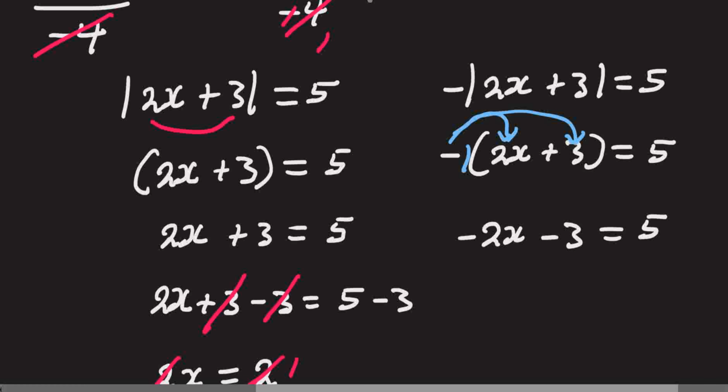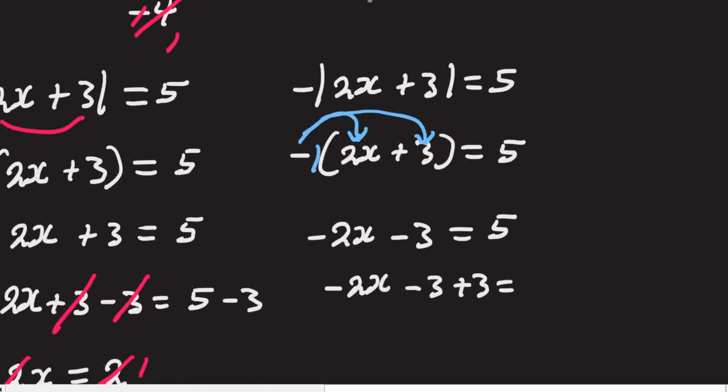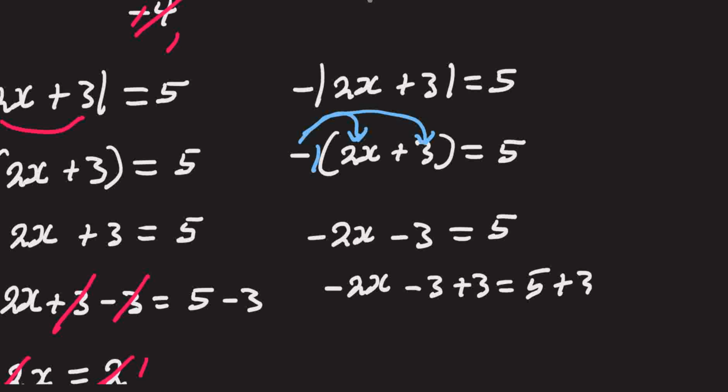So now we can isolate negative 2x by adding 3 to both sides. So this becomes negative 2x minus 3 plus 3 is equal to 5 plus 3.